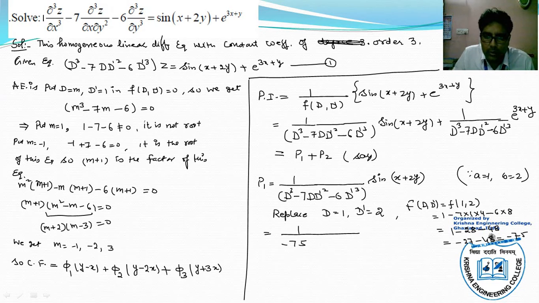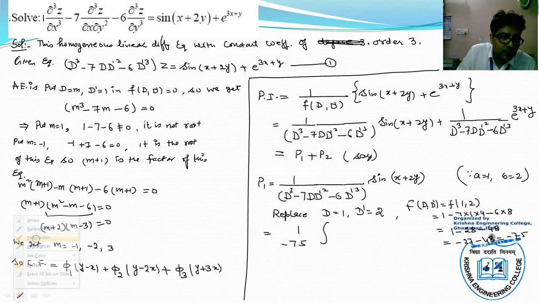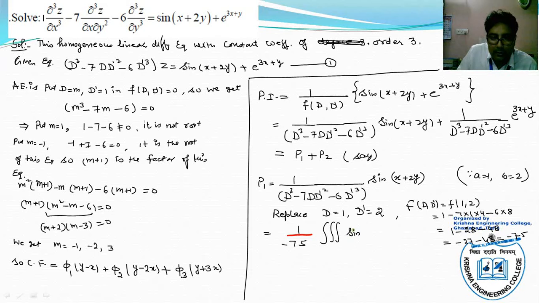Suppose let x plus 2y be equal to u. Then integrate 3 times with respect to u. This is sin u du. Clear?